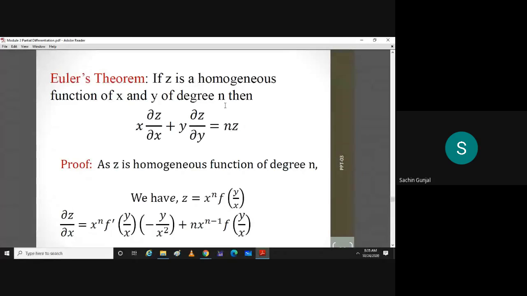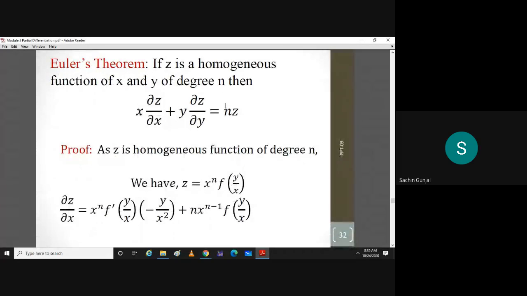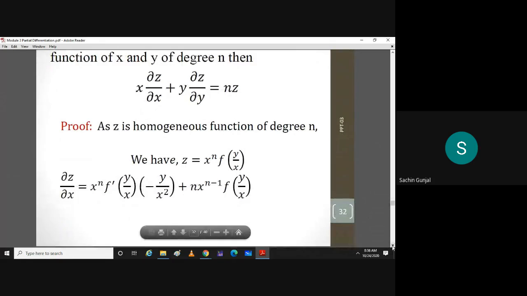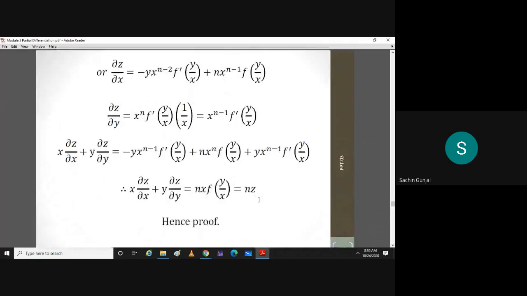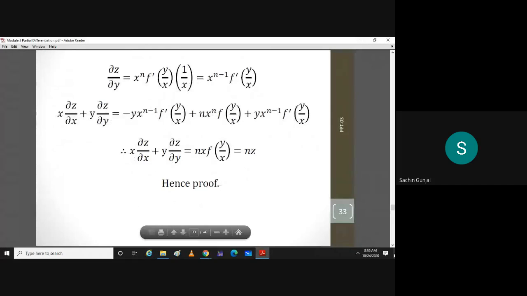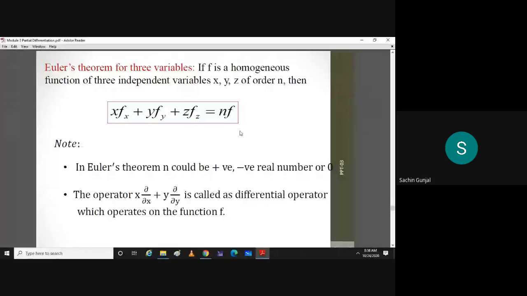So what we discussed is that, without calculating these partial derivatives, you can find the value of this expression. Then some deductions we looked at. It is also applicable for n number of variables.